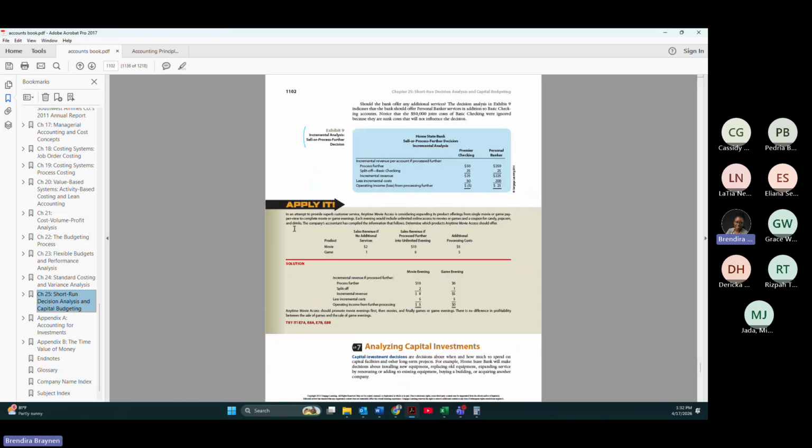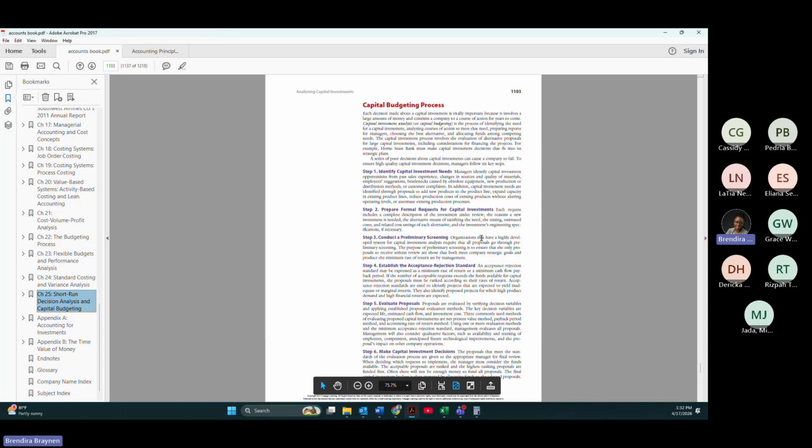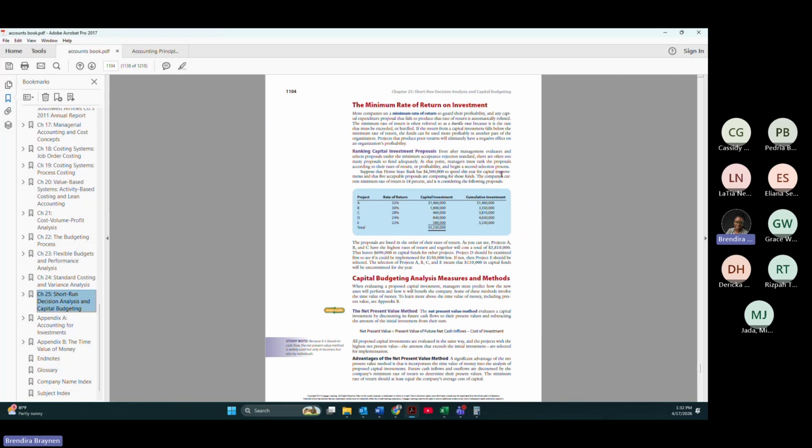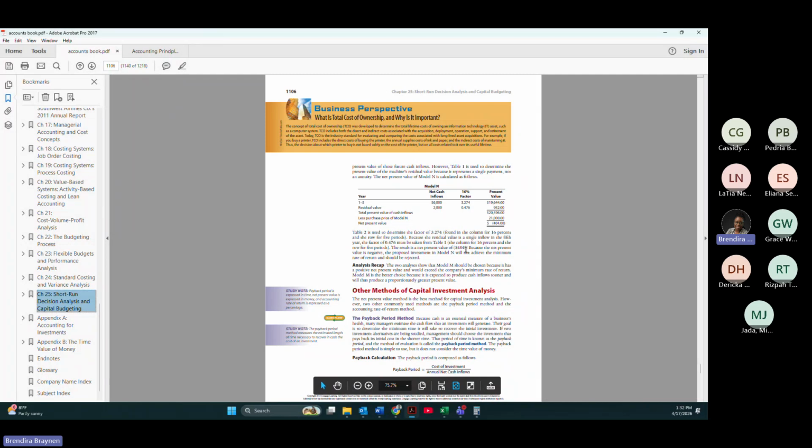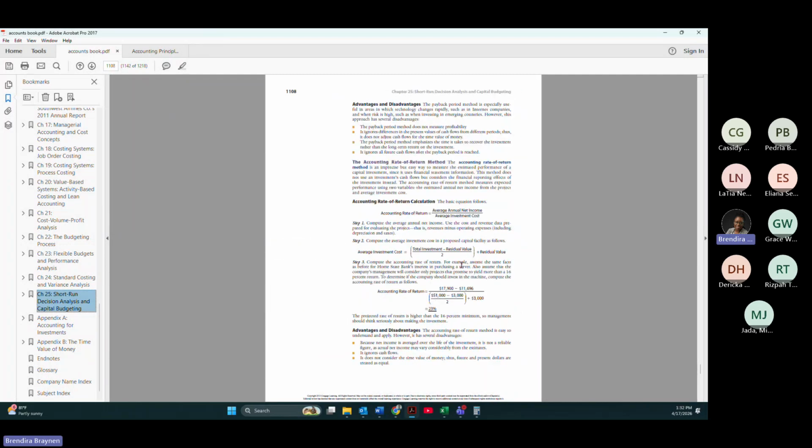We only look at this piece here, learning objective 7, LO7, where we talk about analyzing capital investments using the different methods. And so the focus is on the capital budgeting methods, NPV, and payback, and the ARR.